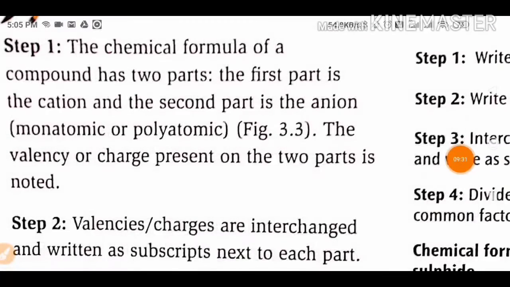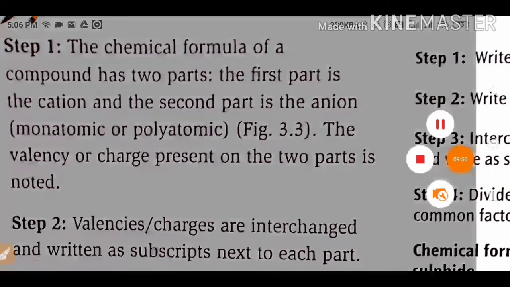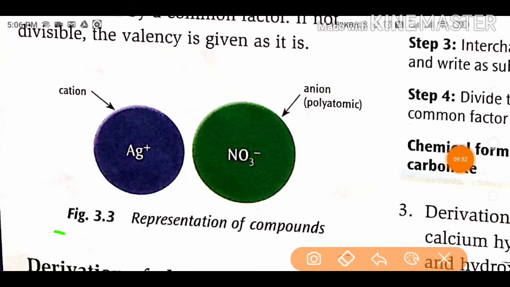So the first rule is, the chemical formula of a compound has two parts. The first part is the cation and the second part is the anion, monoatomic or polyatomic. The valency or charge present on the two parts is noted. Here you can understand by this figure 3.3, representation of compounds.